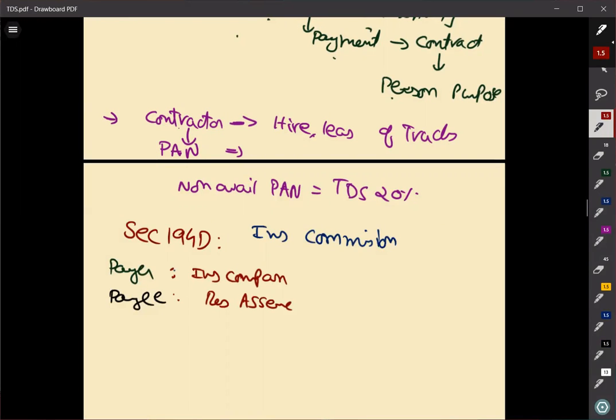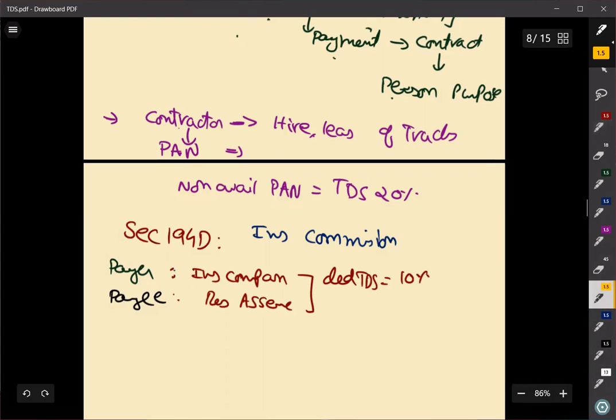Then, if the conditions are satisfied, the payer should deduct TDS at what rate? 10%. The TDS rate to be deducted is 10%. Now, no TDS is required when the payment does not exceed rupees 15,000 during the financial year.